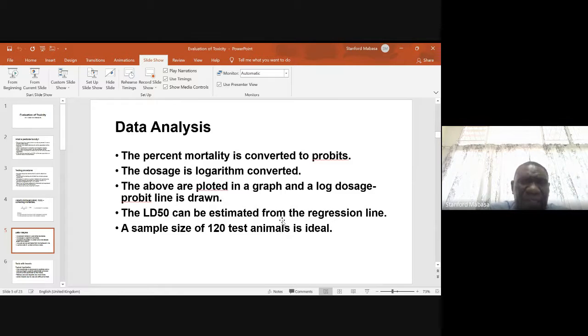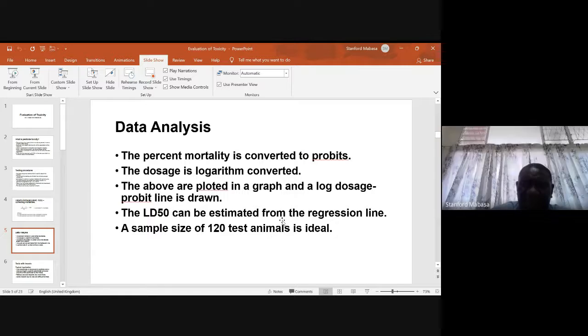I will explain later what probits are. The dosage is logarithm converted. So you convert your dosage to a logarithm. So you draw a graph where the dosage is now a logarithm and the percent death is now a probit.